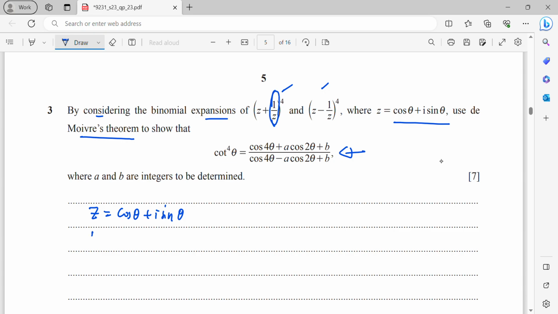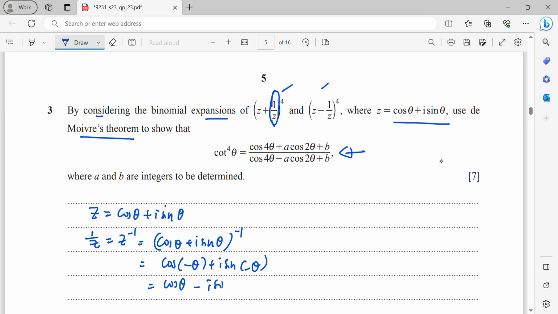So 1 over z is basically z to the power of negative 1, which is cos theta plus i sin theta to the power of negative 1. According to De Moivre's theorem, this is cos negative theta plus i sin negative theta, which is cos theta minus i sin theta, because sin negative theta is negative sin theta.